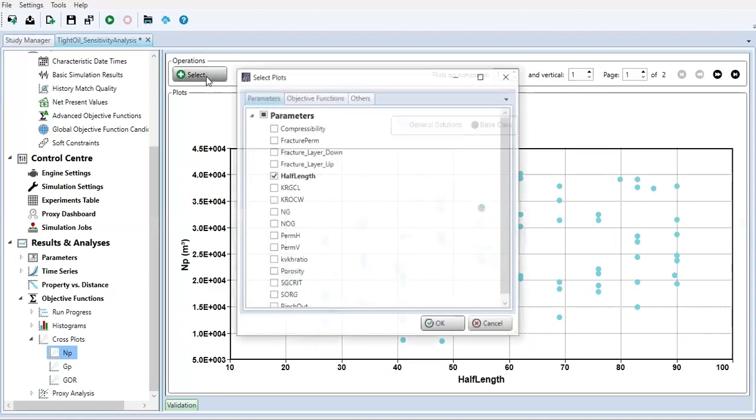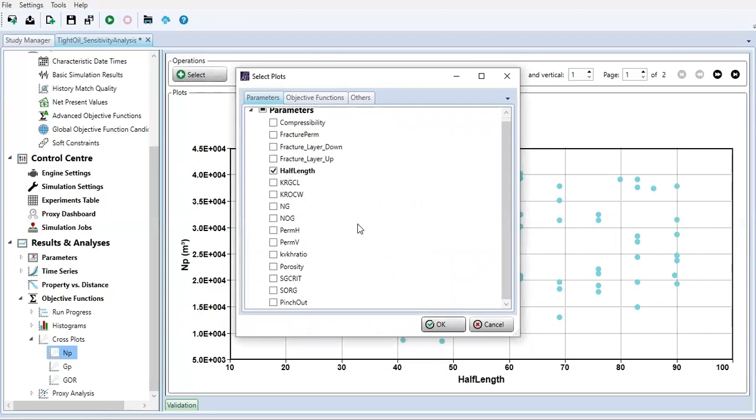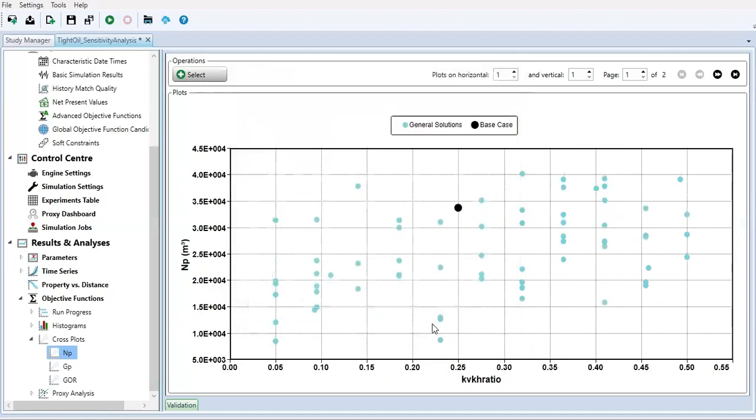Okay, and what else? Fracture permeability, of course. Yeah, I want to know the KV/KH ratio on cumulative oil production. All right. So for this tight reservoir, if you increase your vertical permeability by increasing the KV/KH ratio, you will get higher cumulative oil production.